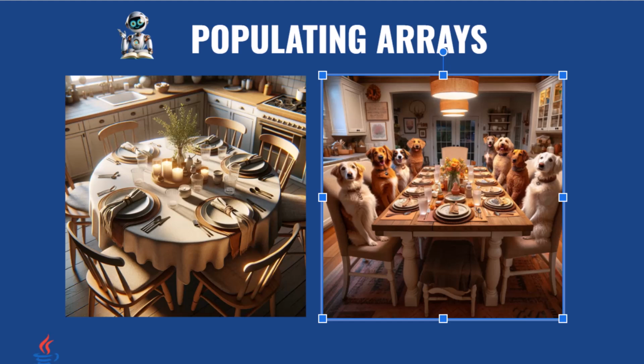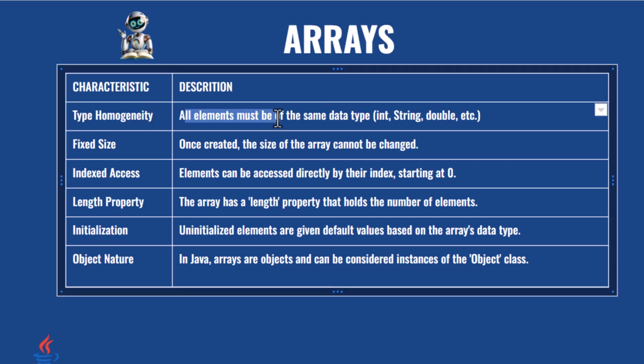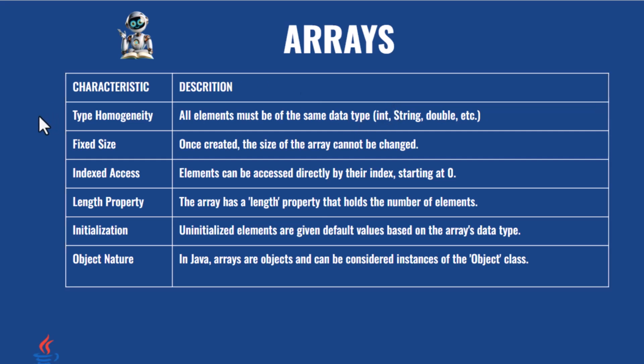But one more thing I want to cover is this graphic here. This is just a graphic about arrays. We talked about the homogeneity of the array: all of the items in the array have to be the same. So we can't have an array of strings and ints. They have to be all strings or all ints, all of the same type of object.